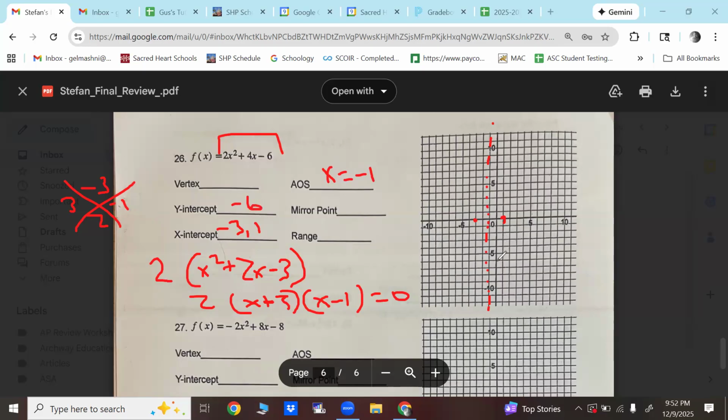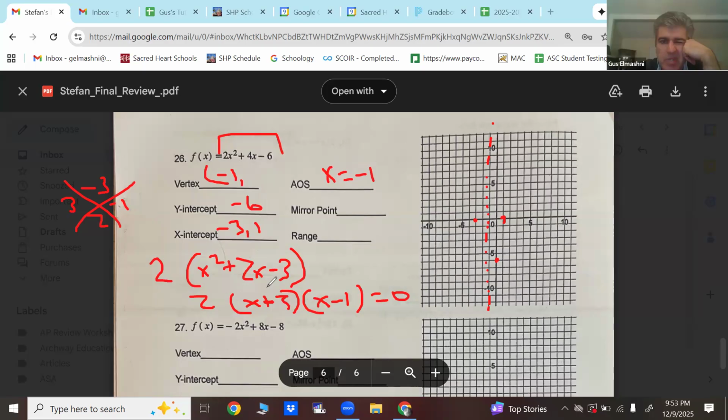So it'll be down here. The vertex: now that I have my axis of symmetry, I find the vertex by plugging in negative 1, probably into the factored form, which is easier. That should be negative 8.